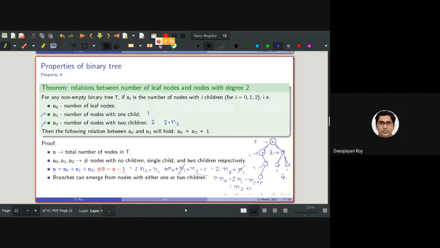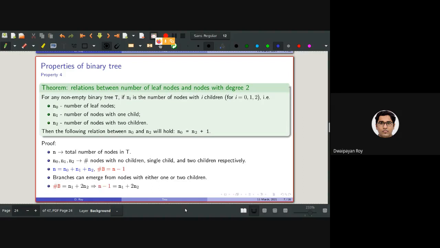You get it? Anyone having any question? So this is exactly what we have done here formally. The number of branches B will be n1 plus 2n2, and the number of branches, as we have seen, is n minus 1, based on the first property. We should mention this here based on property 1.